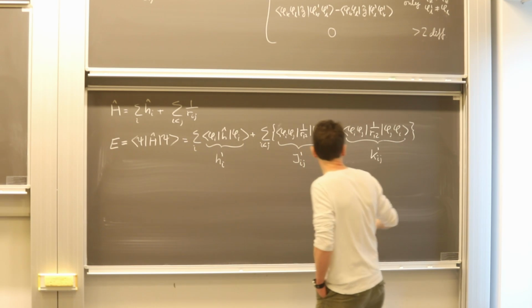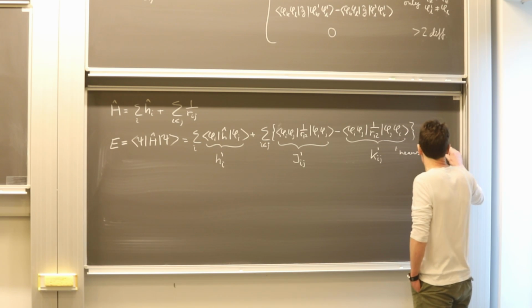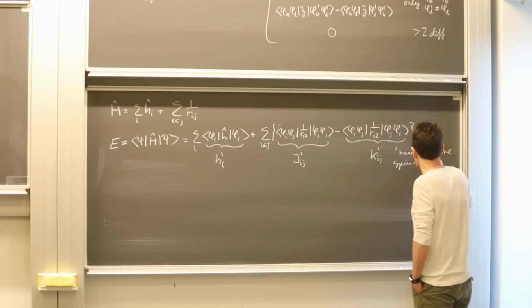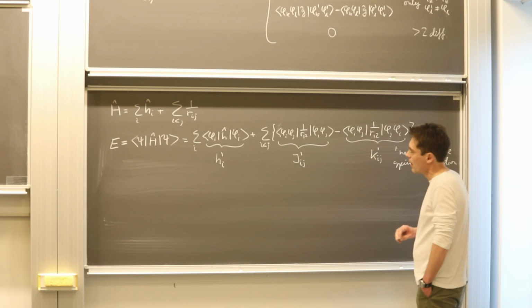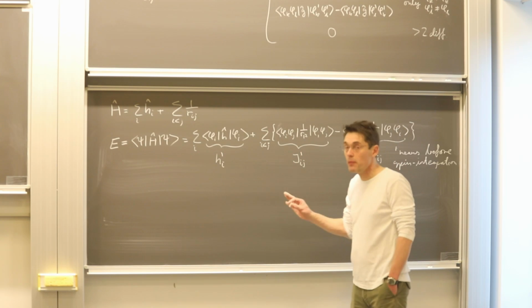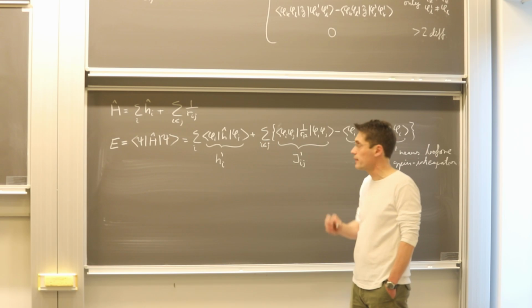So let me write that. This prime means before spin integration. And of course, as you can guess, when I remove the prime, it means that now the spin integrations have been performed, only the spatial integrations are left.